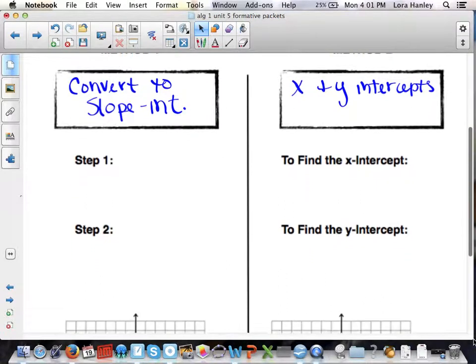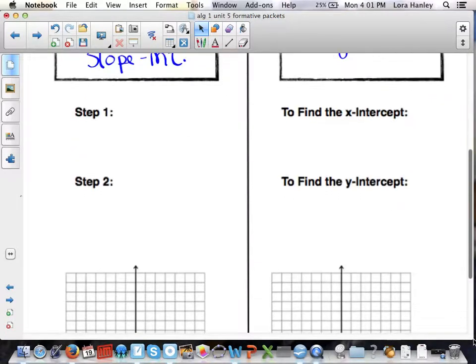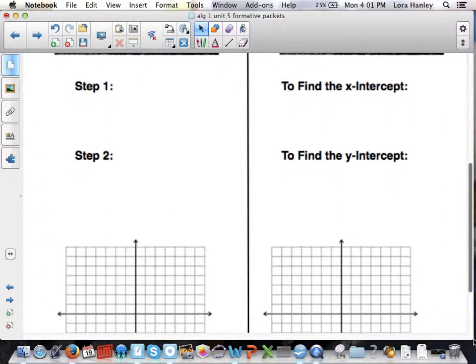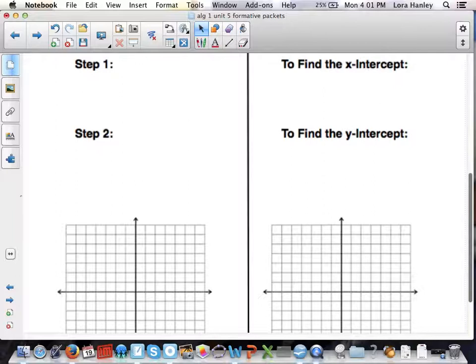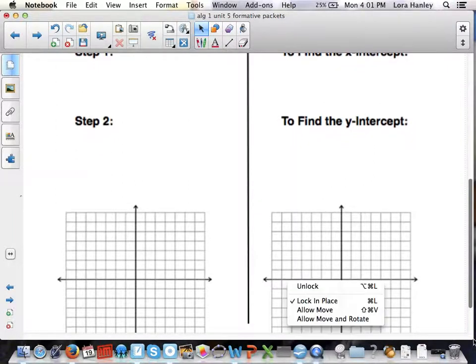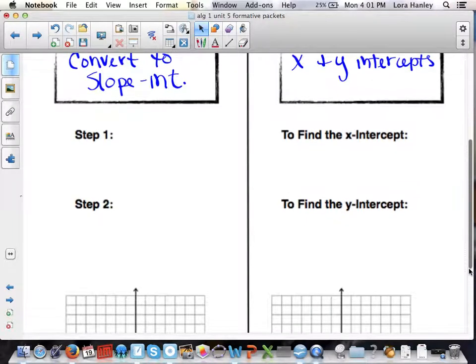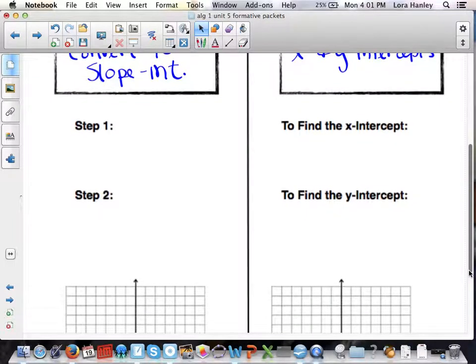So your first step, as we talked about before, if you're given an equation, is to move the Ax term to the right.